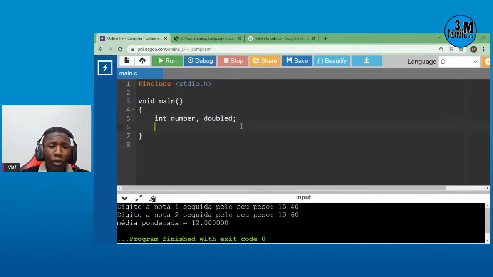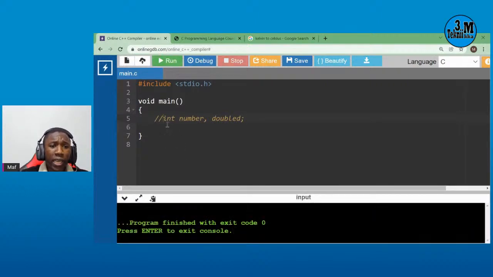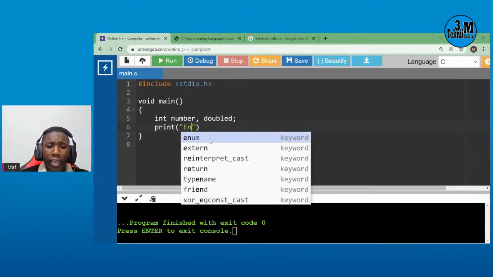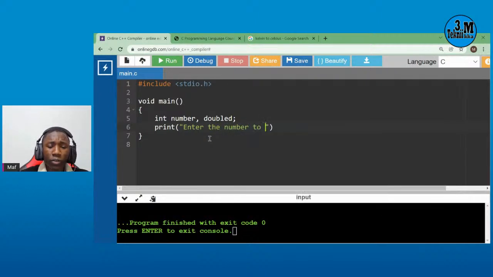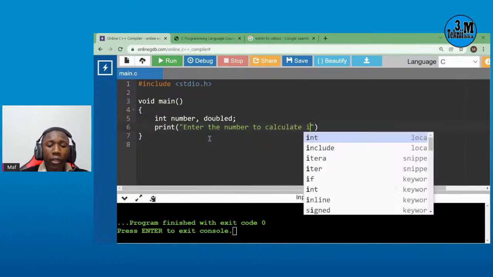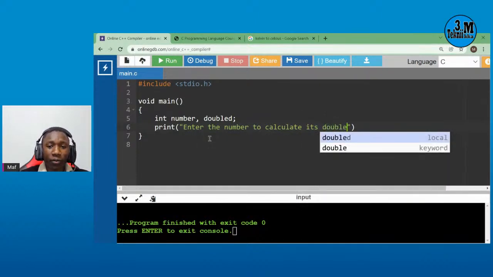And then we can ask the user to enter the number. Let me comment this out, and then write here printf, and you say: enter the number to calculate its double.